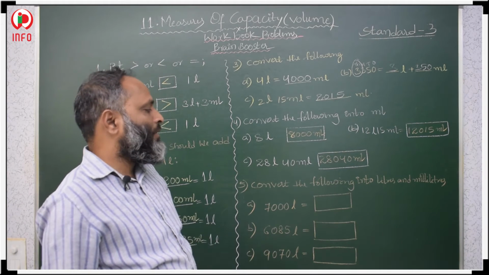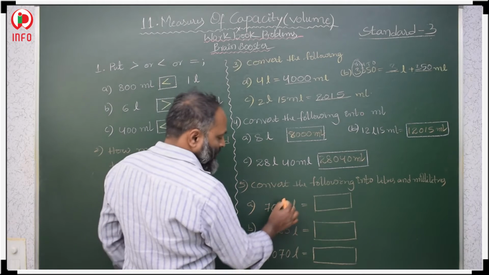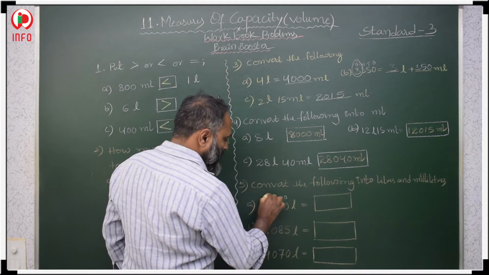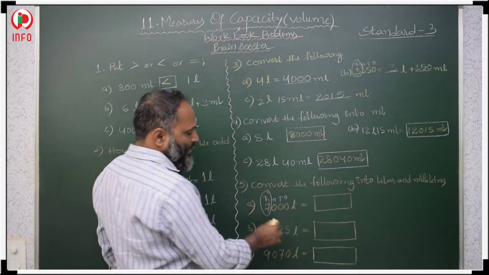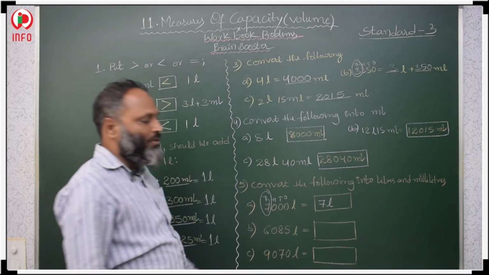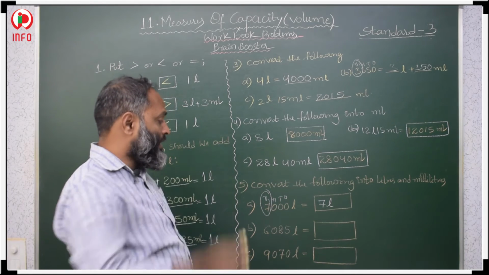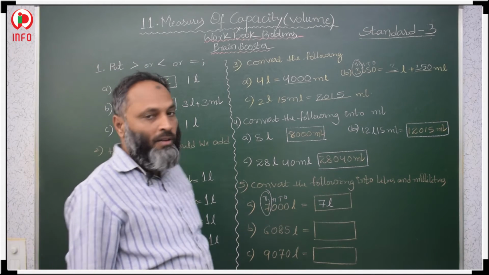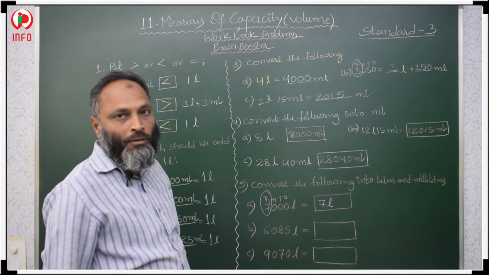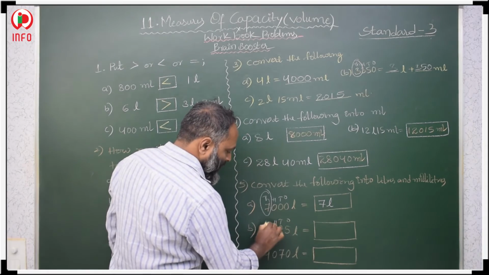Now 7 liters. We have to convert milliliters into liters and milliliters. Here this is ones place, tens, 100 and 1000. In this, the thousands place is liters, 7 liters. And in the other places zeros, no need to write milliliters. Okay. 7 liters. Now here this is ones, tens, 100 and 1000.